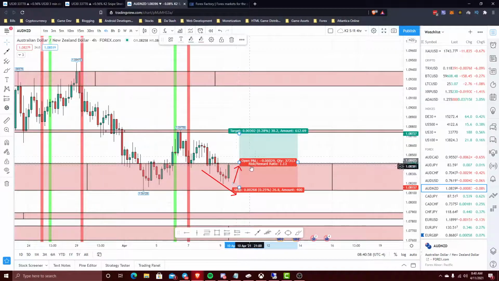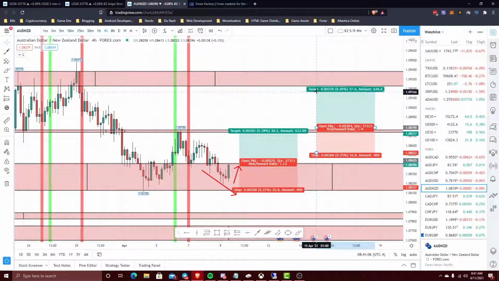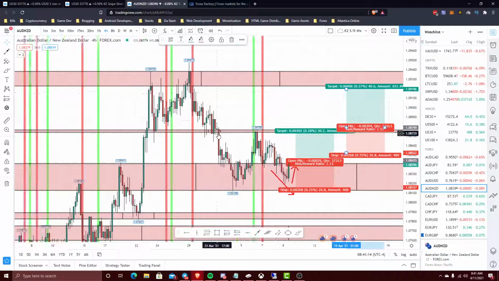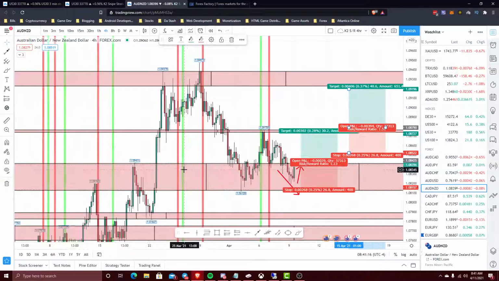Or I may wait for it to break up, past this zone here, and go for a higher amount of pips, maybe around 40 pips. So like I said, we have to wait and see what this market does this week. It's always forever changing.